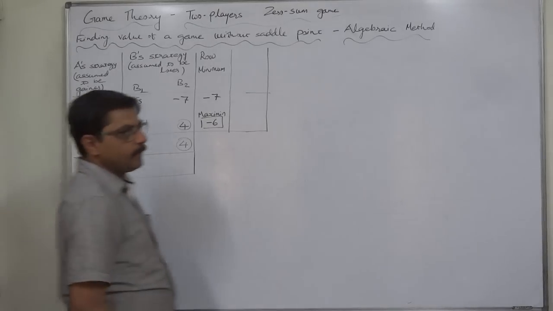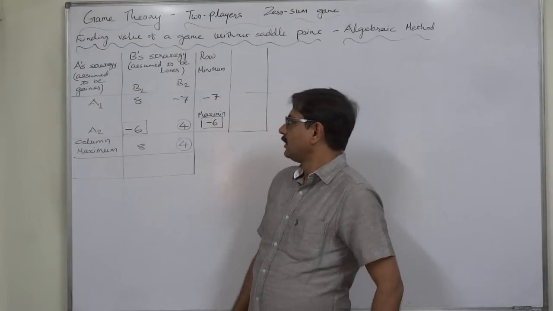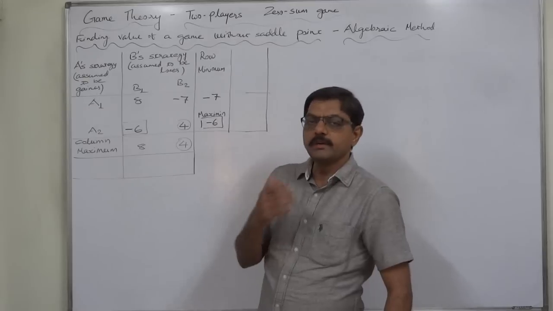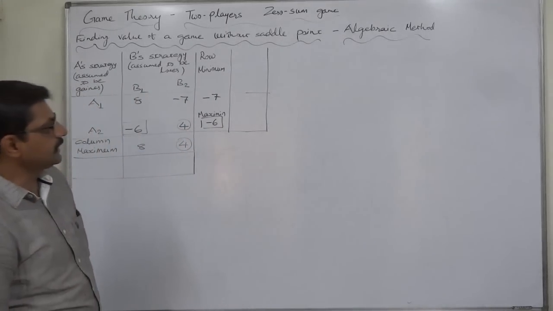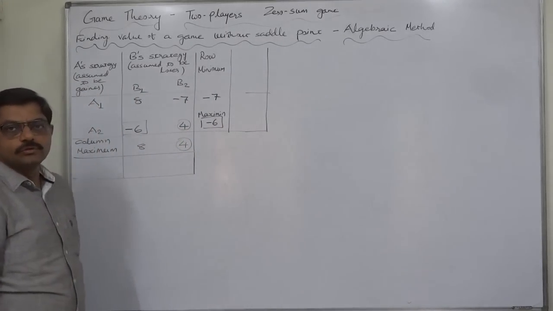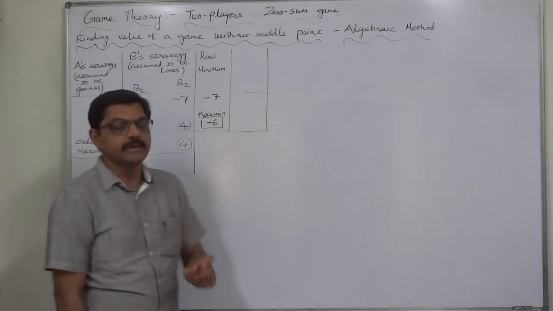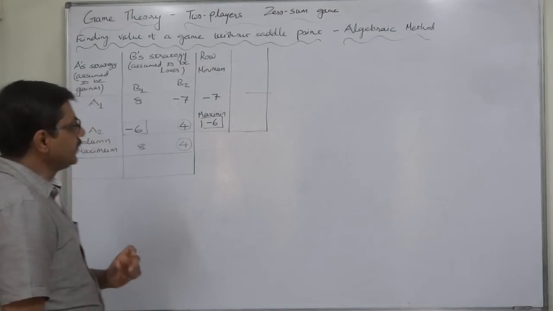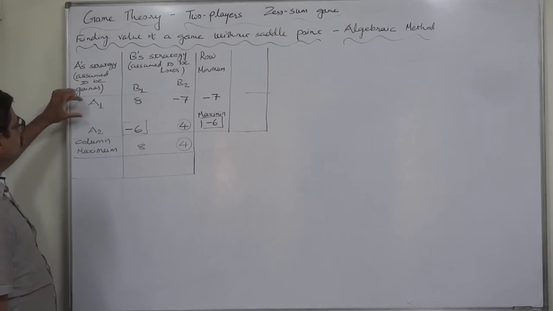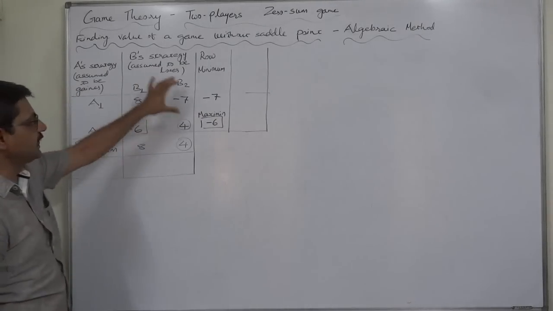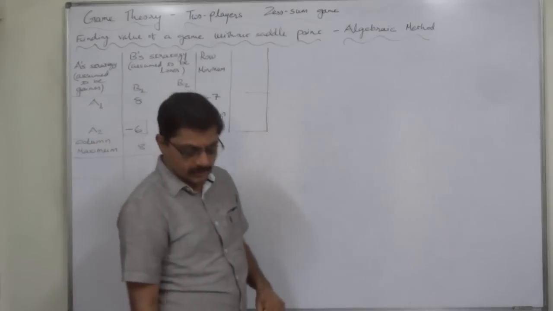But the main point is how to determine the probability. So in case of a game without saddle point, we first need to determine the probability of use of different strategies by the different players.